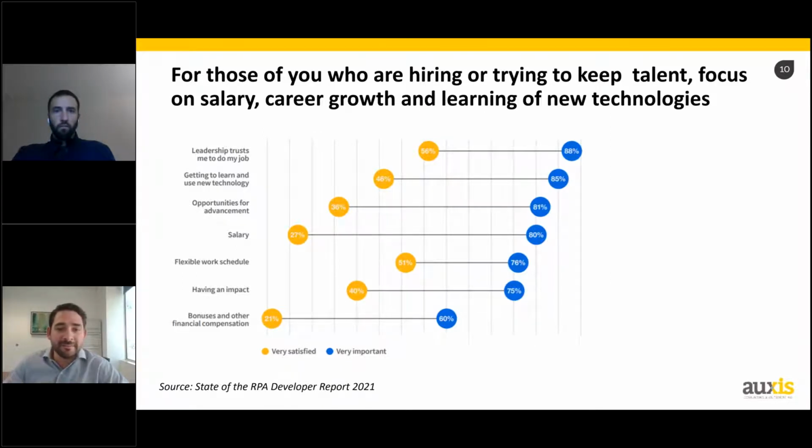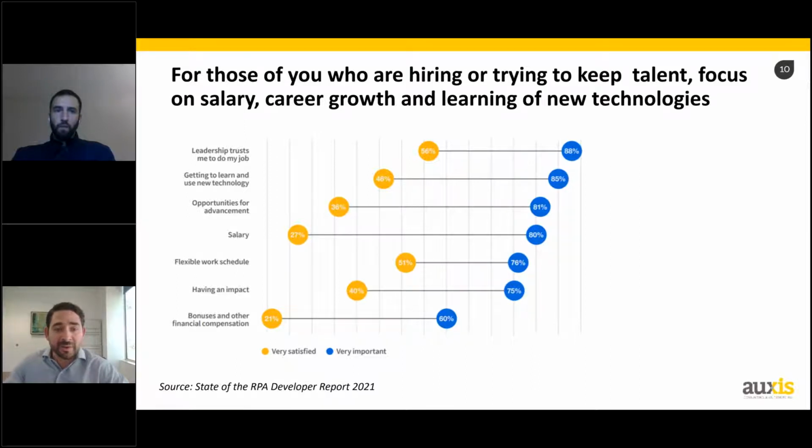It is not, to me, surprising to see that 80% of them feel like salary is really important to them, but only 27% of them are very satisfied with their comp, which is naturally interesting given the demand for these resources, knowing that, jumping, they have a chance to potentially get additional income, which is something that we've found very interesting for organizations that want to build an in-house COE.